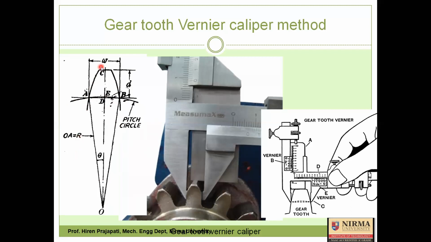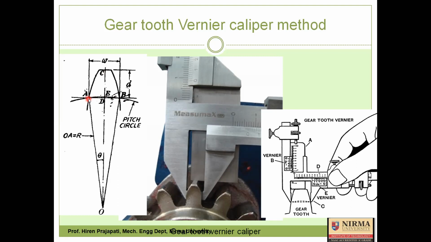Now, what is gear tooth thickness? Gear tooth thickness is the length of the arc on the pitch circle cut by two opposite involutes of the same gear tooth.